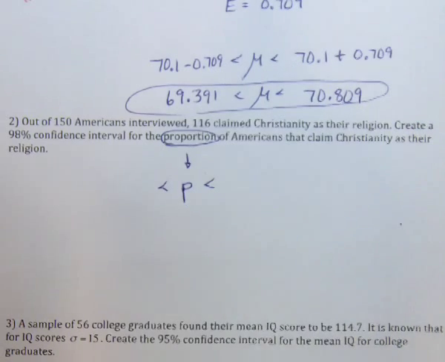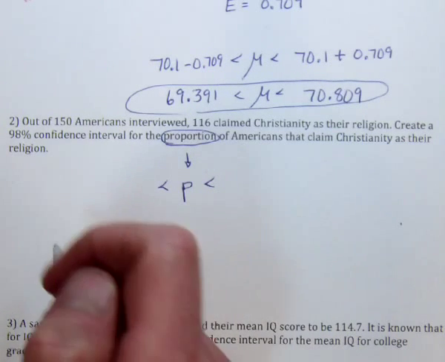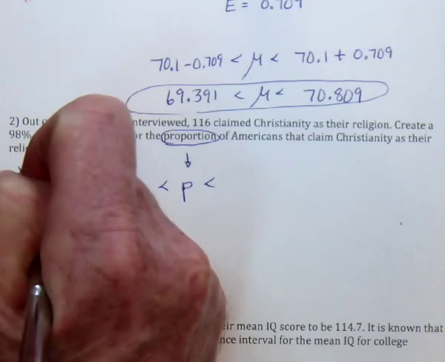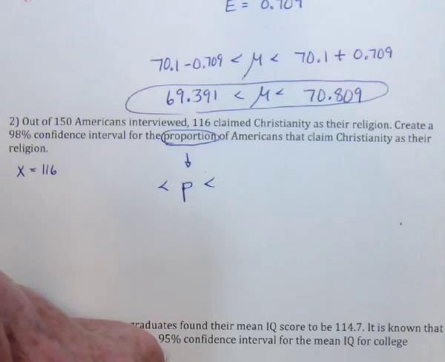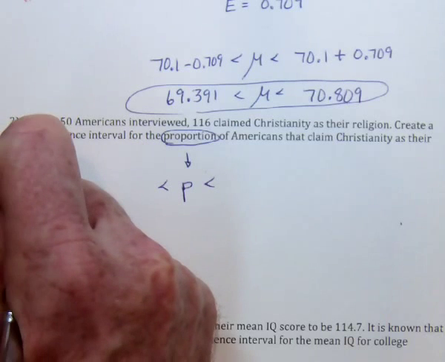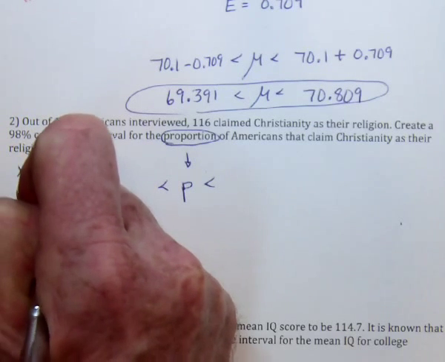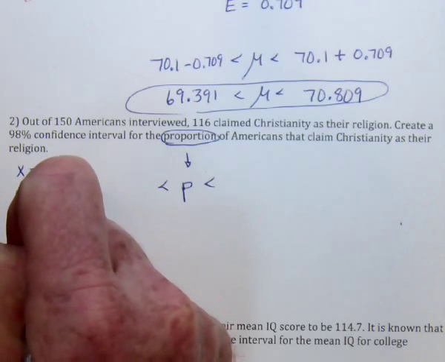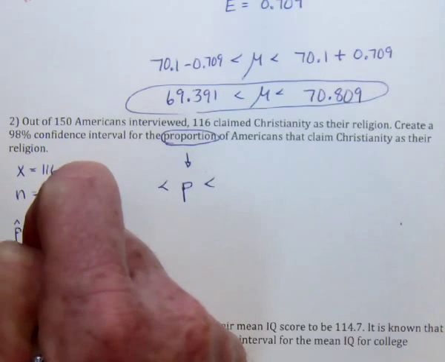Or actually reusing. Anyway, we've got the X equals 116 of them say that Christianity is their religion. The sample size is 150. Or in other words, what percent is that? 116 out of 150.